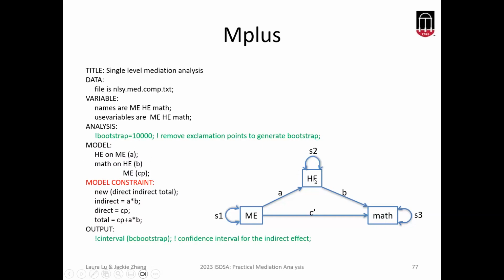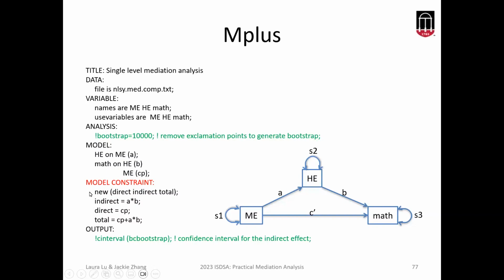And then let's look at the model. HE here is regressed on ME, and the path is specified as A. So this is a name of A, the coefficient from ME to HE, and also math on HE and ME. So we have different names. Here we have B, here we have C prime.